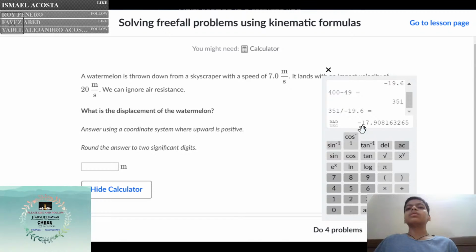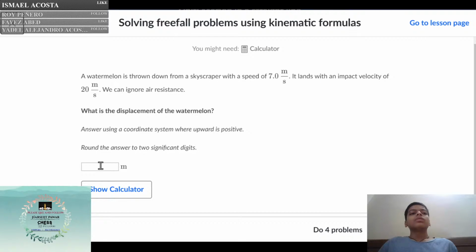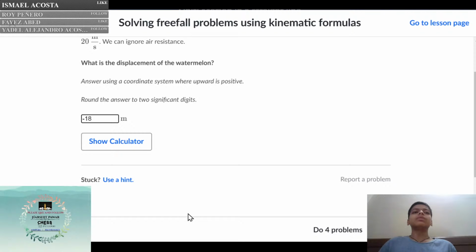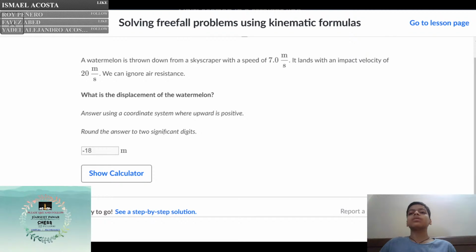This is approximately negative 18 meters. Let's check. Correct.